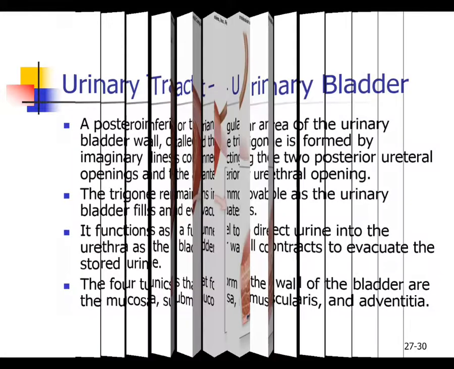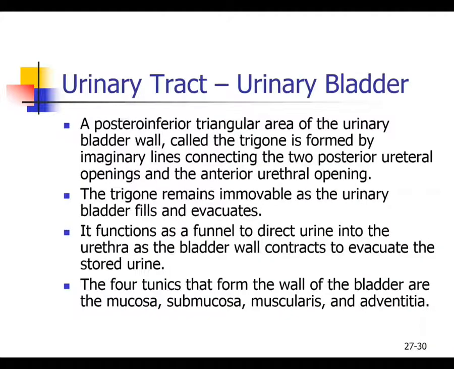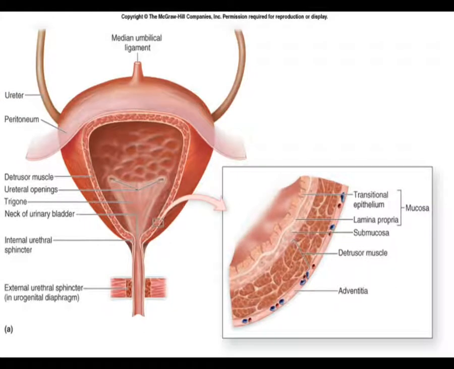And the bladder has not 3, but instead 4 layers. It has the mucosa, submucosa. We didn't have that in the ureter. A muscularis, and once again, the adventitia. So we've seen a picture like this before. This is just the bladder.